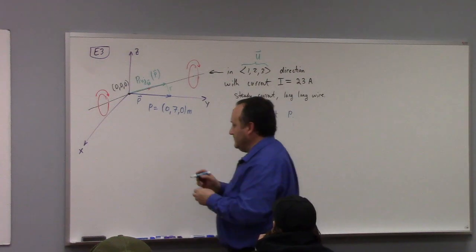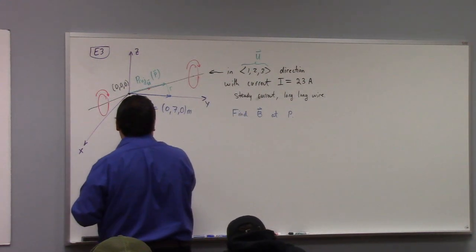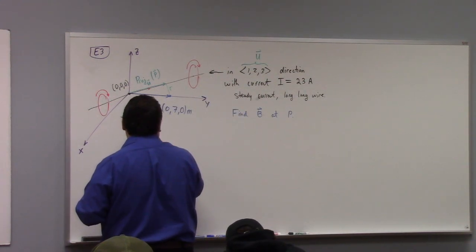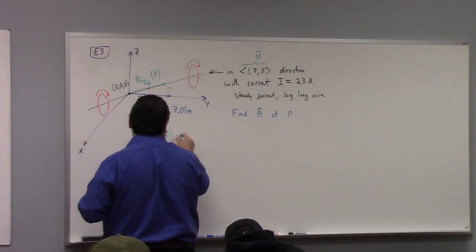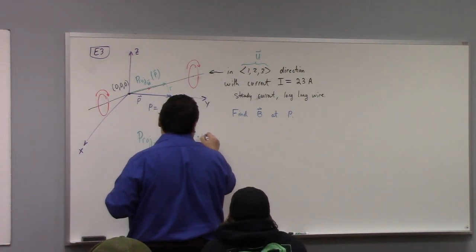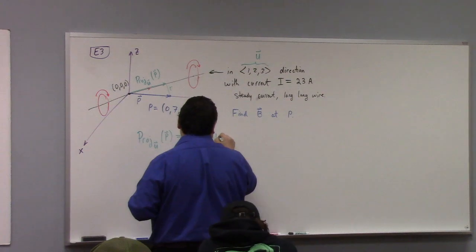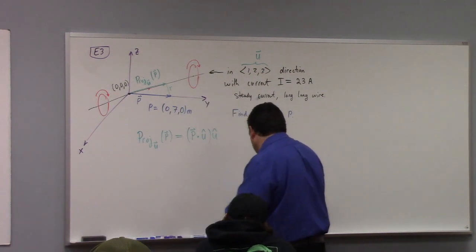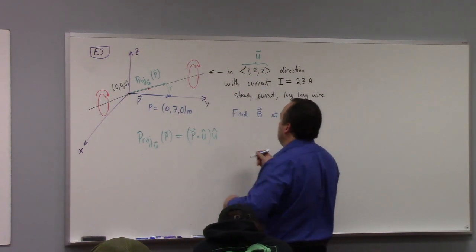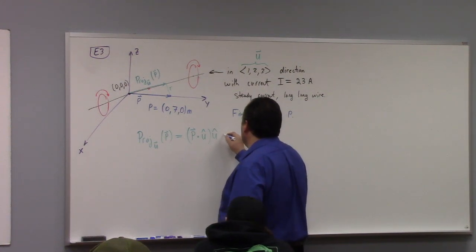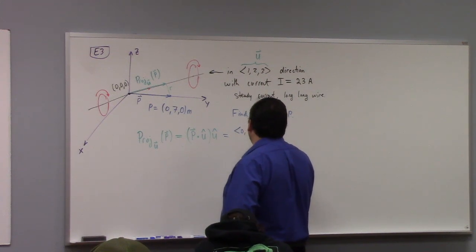What's the formula for that? How do you calculate the projection in the U direction of the point P? Well, you take P, you dot it with the unit vector U, and you multiply by U hat, right? In this particular case, you do 0, 7, 0 dotted with 1, 2, 3.